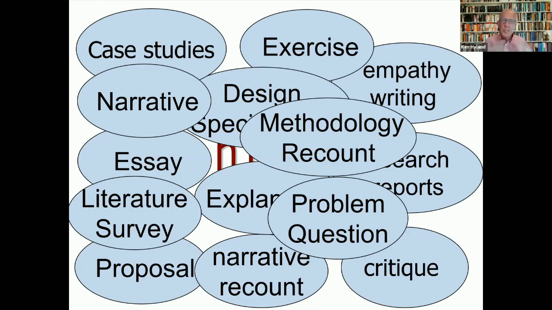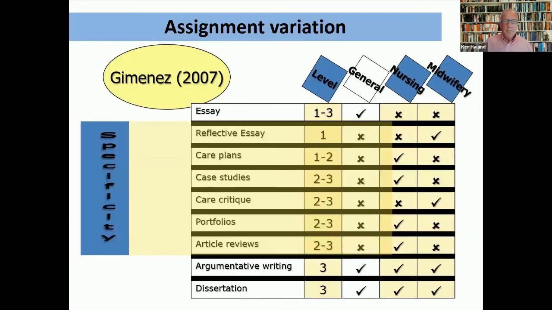They all differ considerably in their social purpose, their generic structure, and the networks that they form with other genres. Even in closely related fields, students write completely different texts. So in medicine, for example, Jimenez found that nursing and midwifery students were given very different writing assignments.